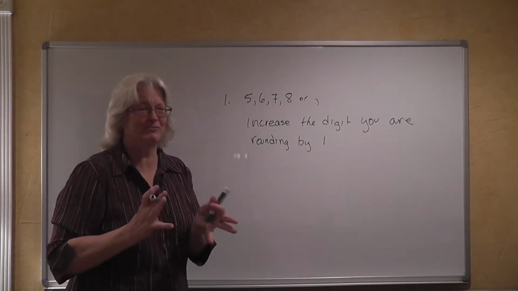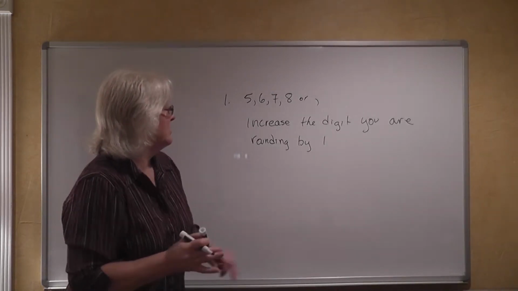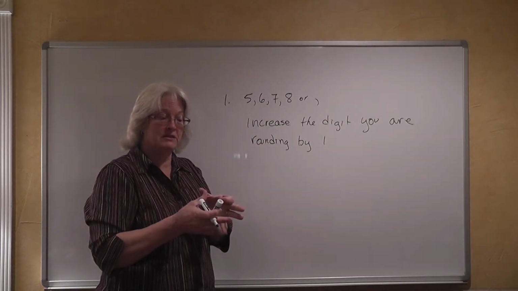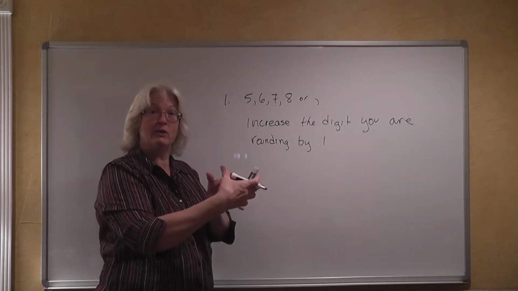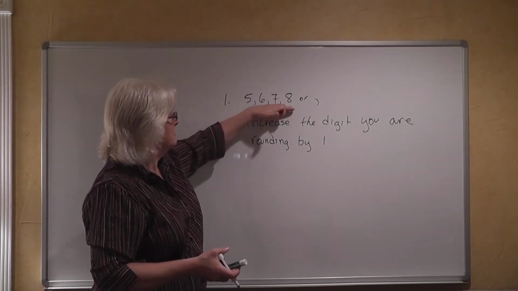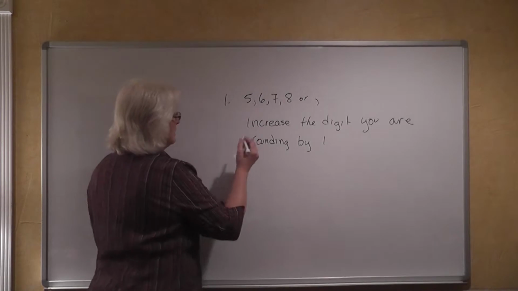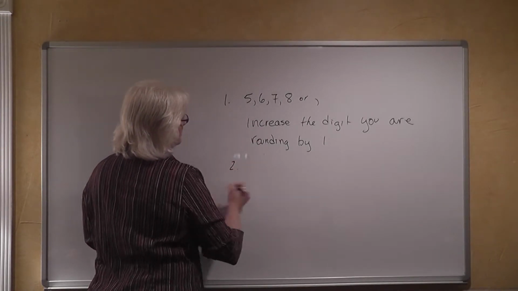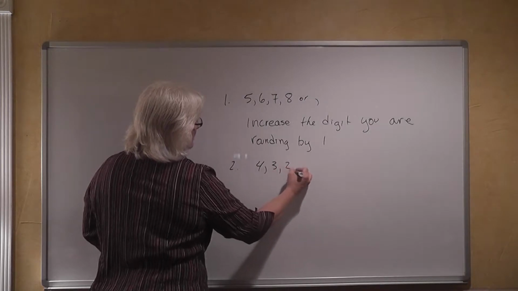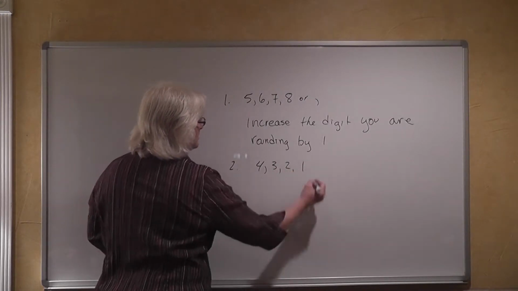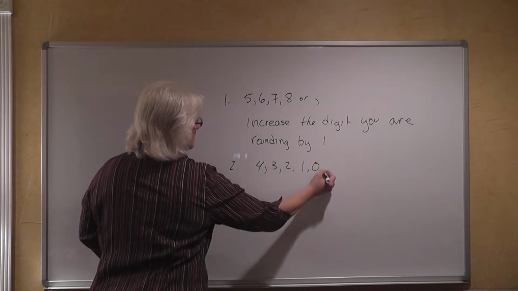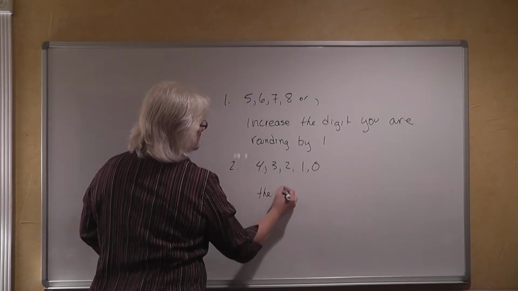I'm not really thrilled with the language I've used here, because it's the digit in the place value to which you're rounding that you're increasing by 1. I think you can understand from what I've illustrated exactly what I'm talking about. However, if it's 4, 3, 2, 1, or 0, the digit remains the same.